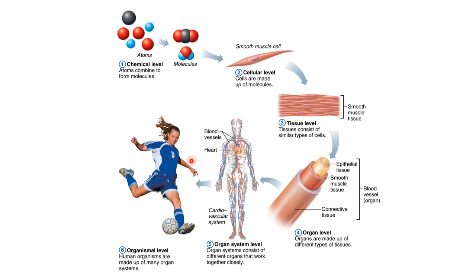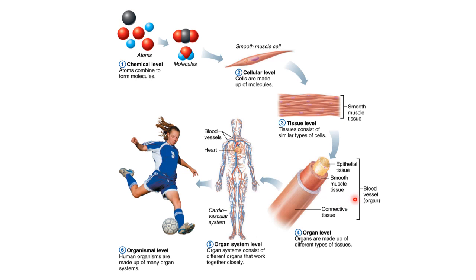So again, this slide tells us how from the simplest form of matter, which is the atom, we form molecules. Molecules combine with each other to form the components of the cell. And then the cell will combine with other cell types to form the tissue. And the tissue will combine with other tissues to form an organ.